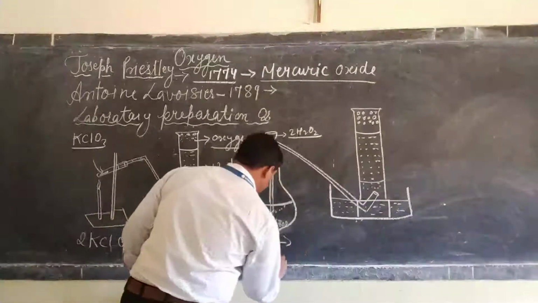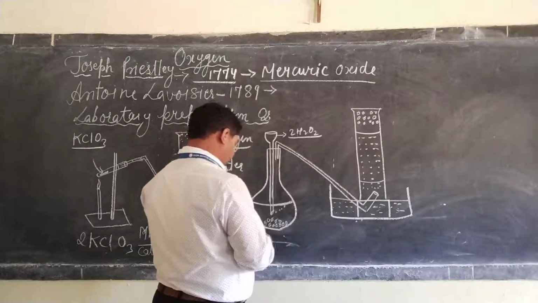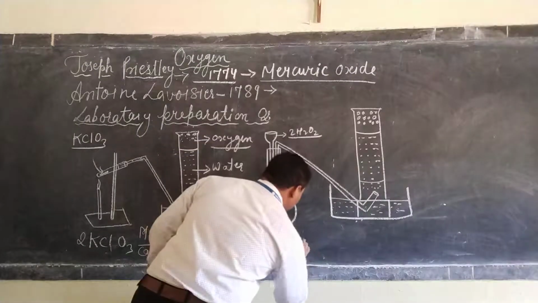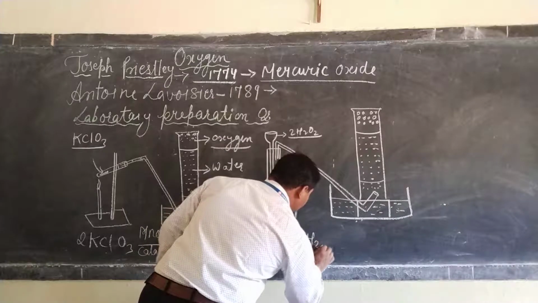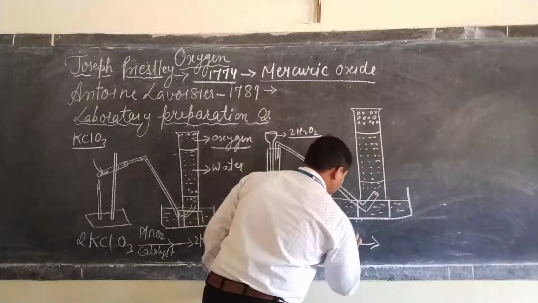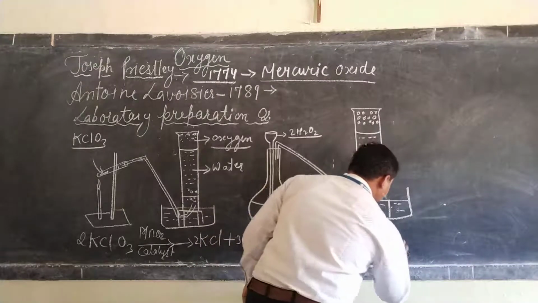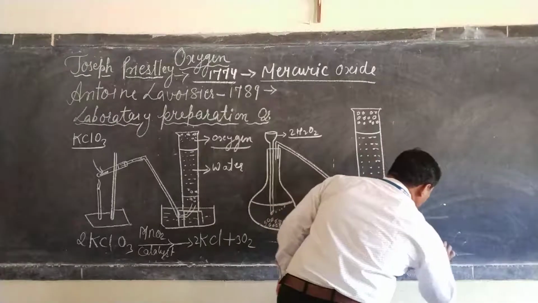Hydrogen peroxide, in dilute form, is taken, which breaks down to form oxygen.